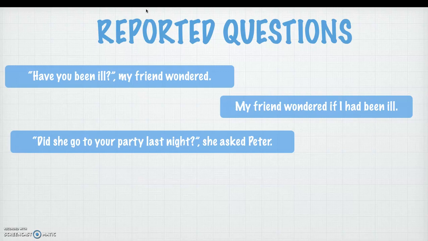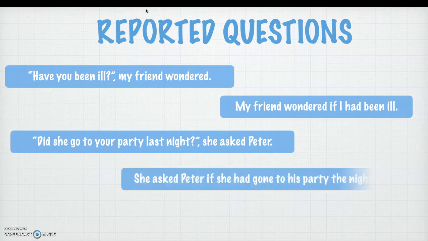Your is Peter's party, yes? In this sentence, she asked Peter if she, another girl, went. The question is in the past simple, so we have to go into the past perfect. If she had gone to his party, Peter's party, the previous night. She asked Peter if she had gone to his party the night before.